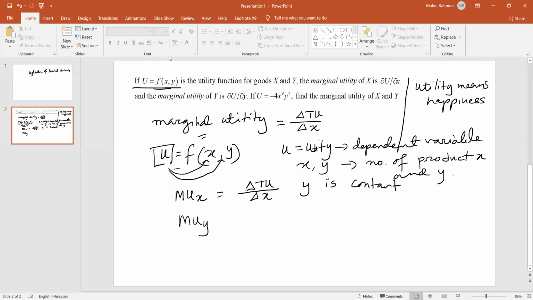And the marginal utility of Y is the change in total utility divided by change in Y. Here X is constant.